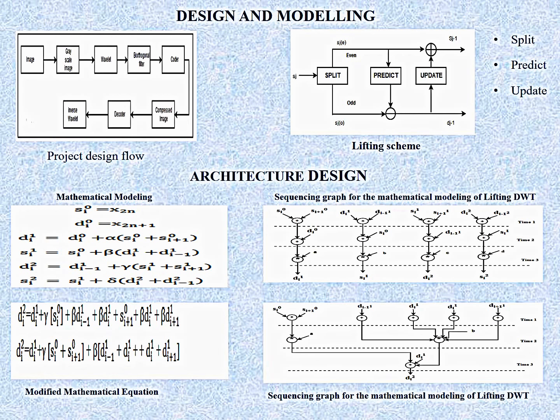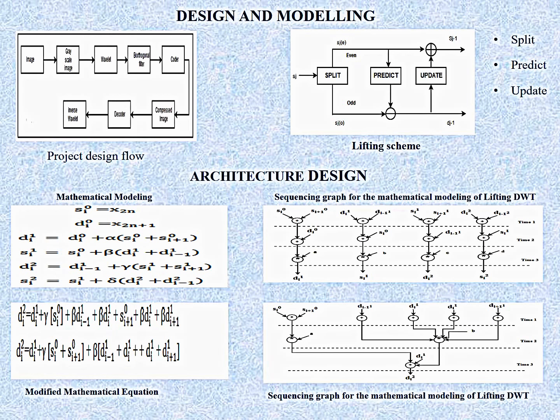Then I use the decoder to decode the compressed image. Then I use the inverse wavelet to find the final output. So in this complete picture, you can make out how the image is transmitted, how it is compressed, and how it is retrieved back.